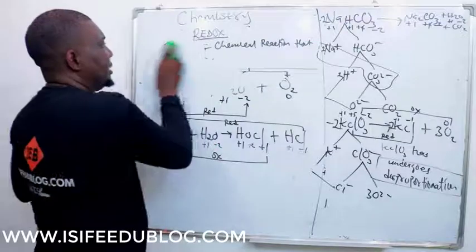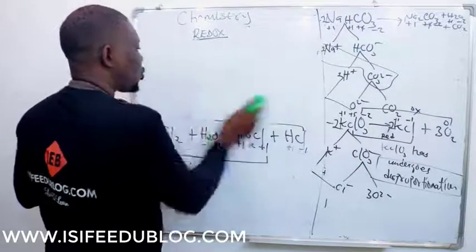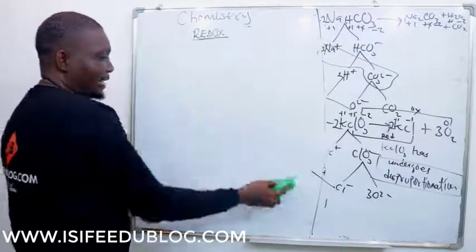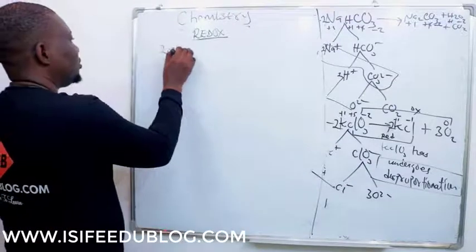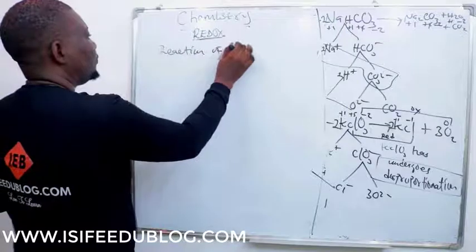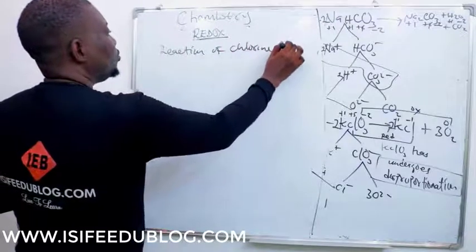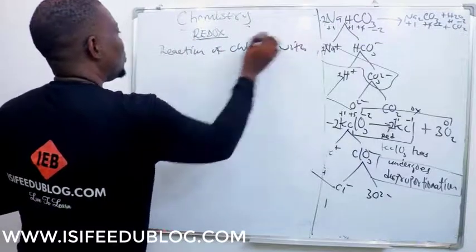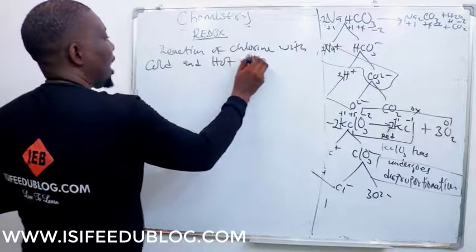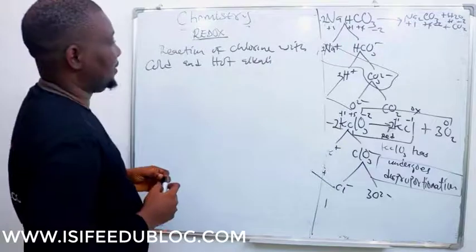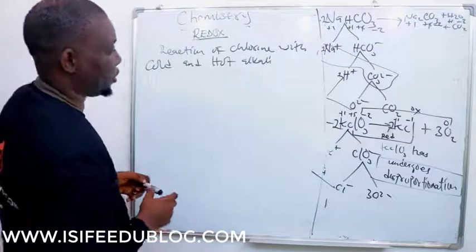Maybe chlorine can react with cold alkali under a stable condition. Let's look at the reaction of chlorine with cold and hot alkali. Let's say chlorine is going to undergo that disproportionation here.